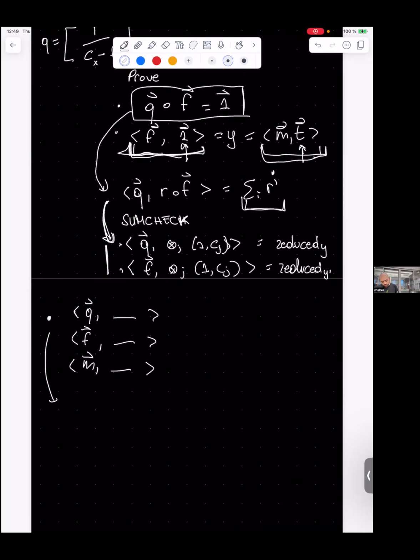The way we're able to batch all of them together is by introducing another round of sum check that takes these evaluations over evaluation point 1, evaluation point 2, and evaluation point 3, and reduces them all to the same evaluation point. Let's call it the evaluation sum check vector.